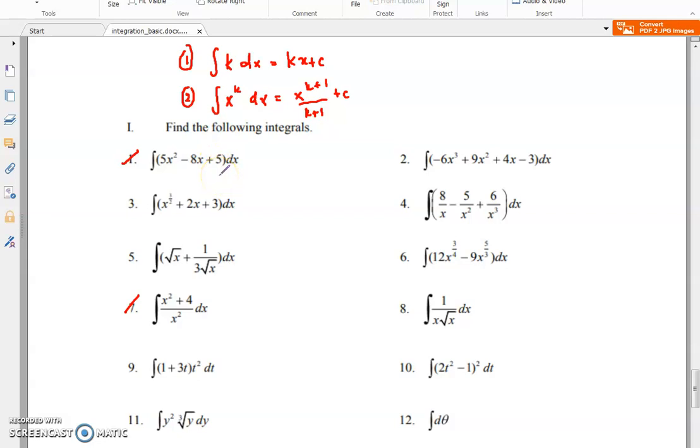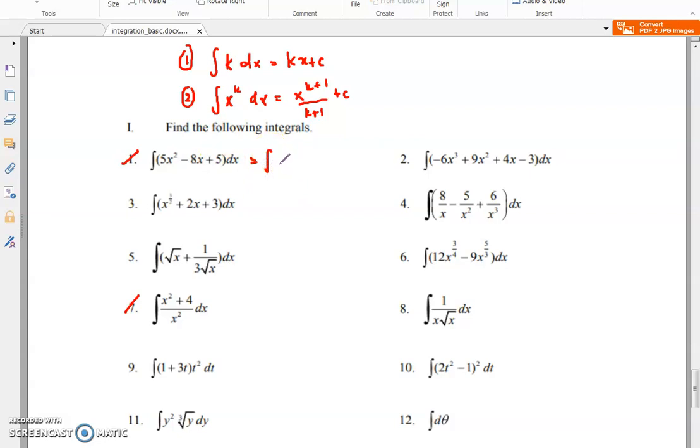Based on the first video, if you are dealing with a minus and plus function, you can split it into a few integrals. It depends on how many terms you have here. Since we have x to the power of 2, minus 8x, plus 5, the operations here are positive, negative, and positive.